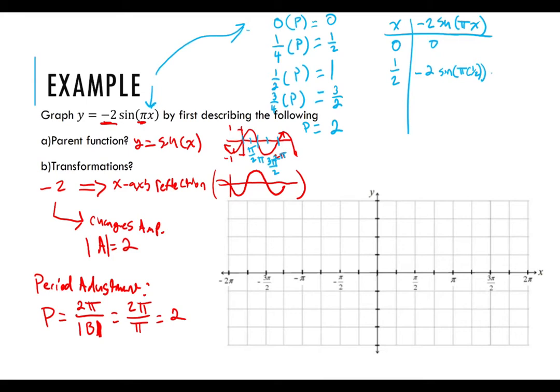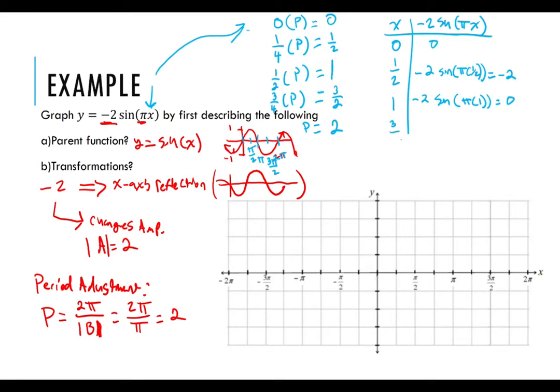Well, sine of pi halves is 1. 1 times -2 is -2. Then let's plug in 1. -2 times sine of pi times 1. That's sine of pi. Sine of pi is 0. 0 times -2 is 0.